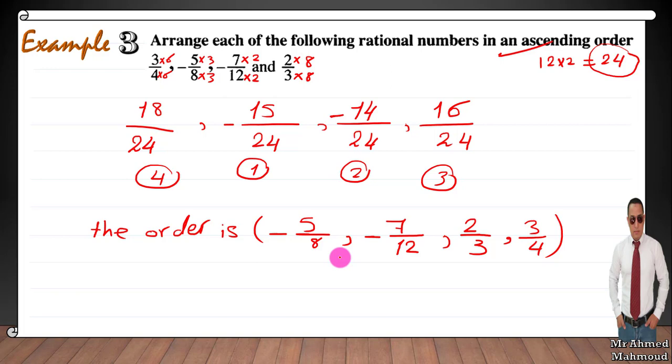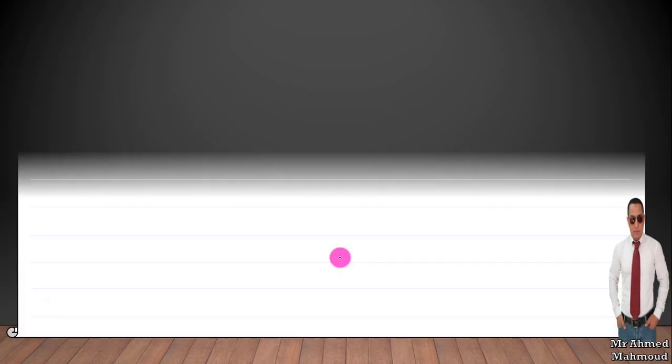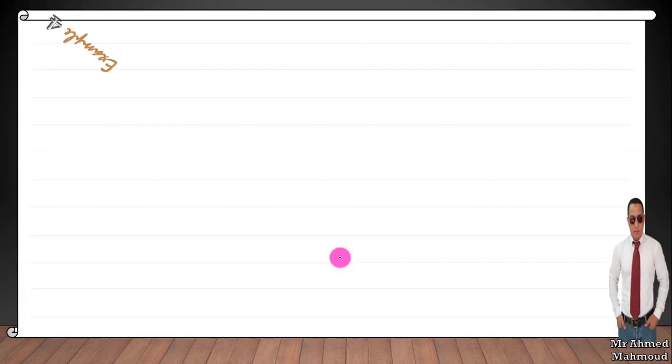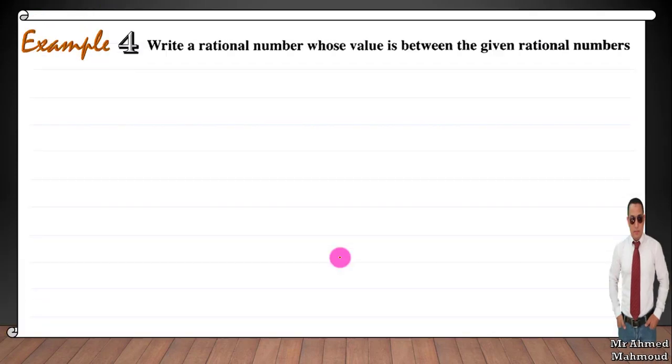So, example 4. Write a rational number whose value is between given rational numbers. Okay, 1 over 8 and 1 over 4.